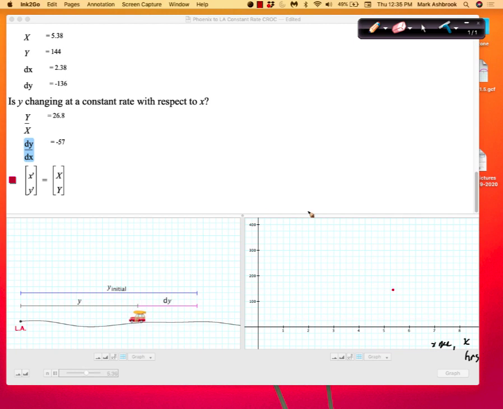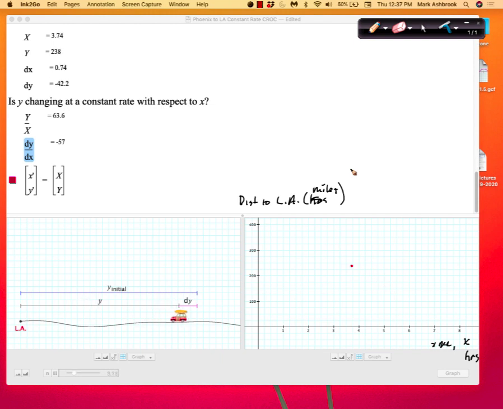And then this is our Y. And it's our distance to LA. Miles. Okay, so now I'm showing you on the coordinate plane how the X and Y change together.